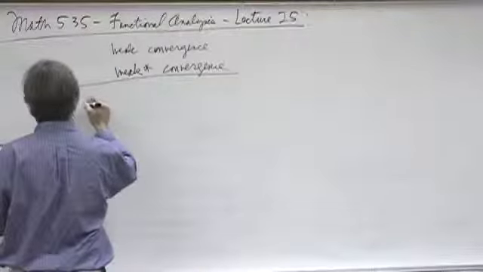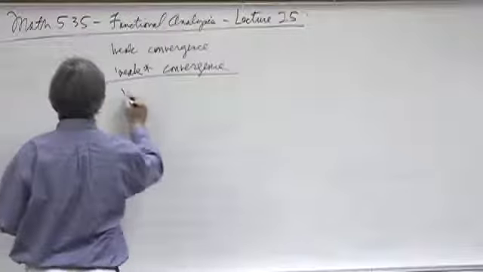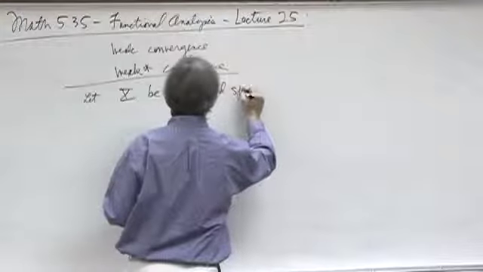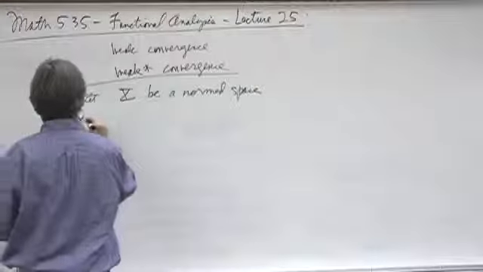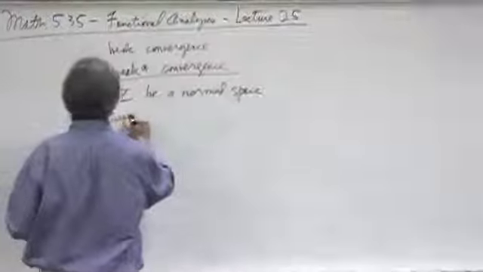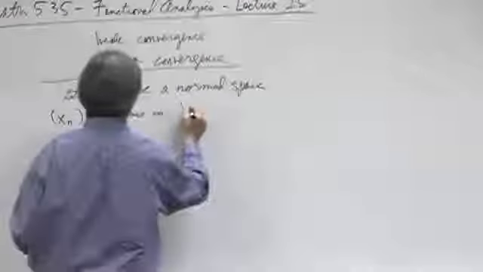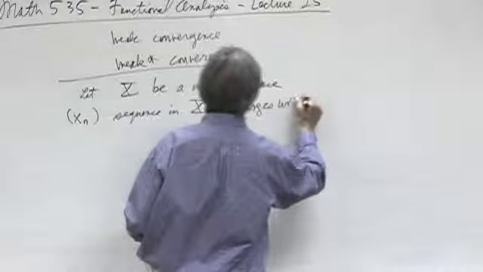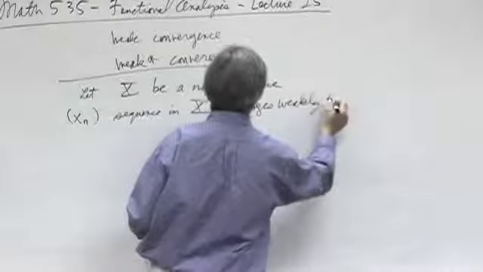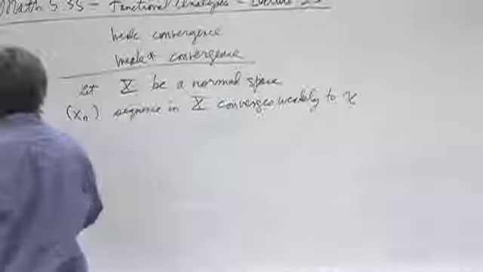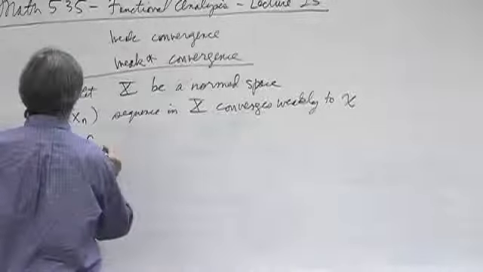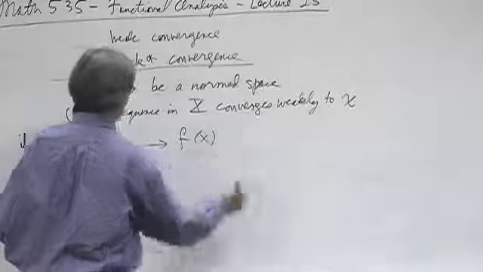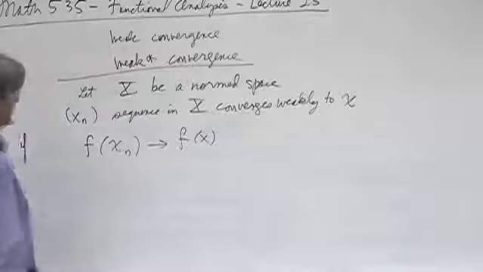But weak convergence. So let X be a normed space. Okay, and then I have a sequence x_n in X. It converges weakly to x if, when I apply an arbitrary linear functional, I get convergence to the corresponding functional applied to x.